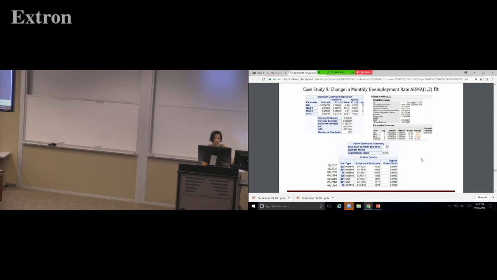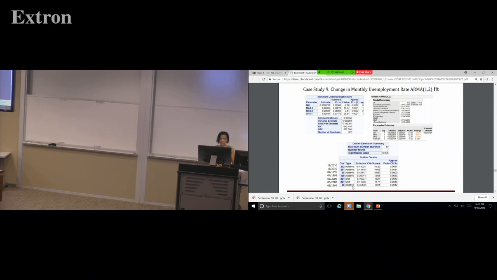And what we're able to see here with the outlier detection in SAS, maximum number was 10, and what it located was 7 with an alpha of 0.005. So this ended up being 5 additive outliers and 2 level shifts.